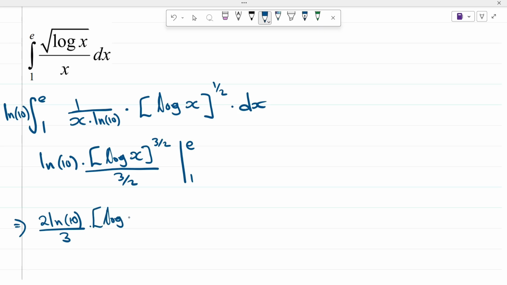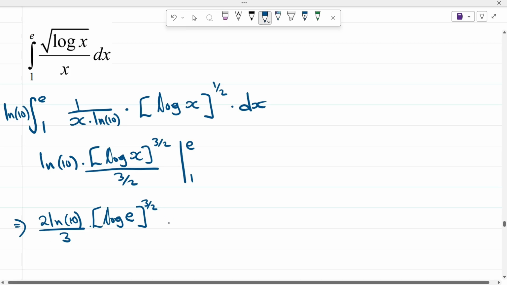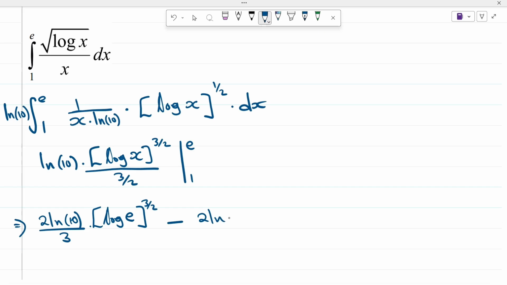So it's going to be log of e to the power 3 over 2, and then minus 2 ln of 10 divided by 3 multiplied by the log of 1 to the power 3 over 2.